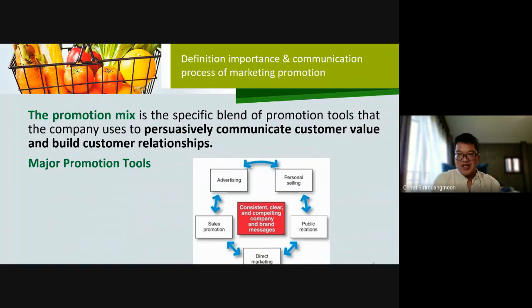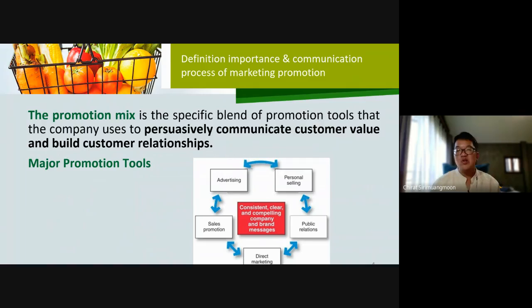Because you are marketing students, you might have heard these words before. This is the promotional mix, or promotion mix. The promotion mix is the specific blend of promotional tools that you use in the company in order to persuade and communicate, to deliver customer value and build customer relationships.